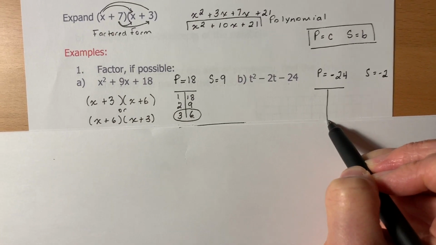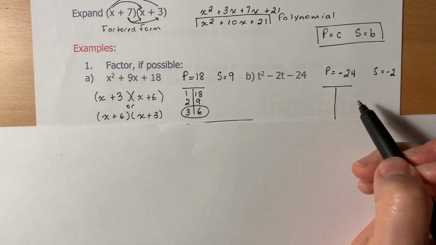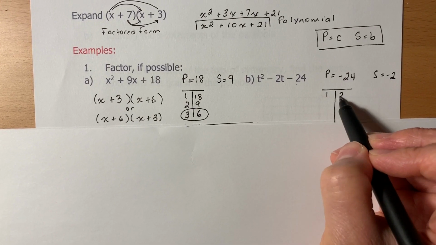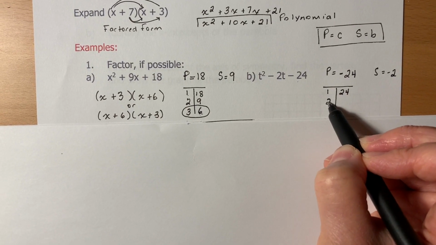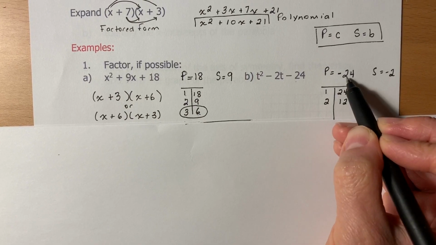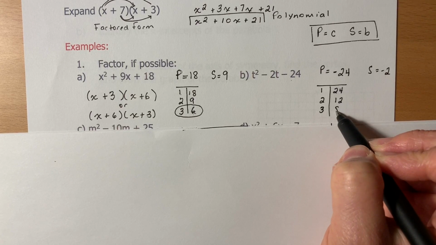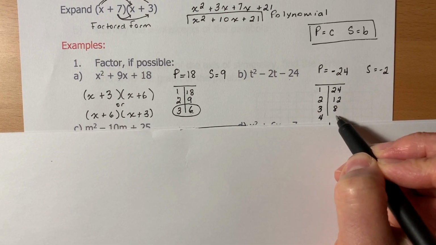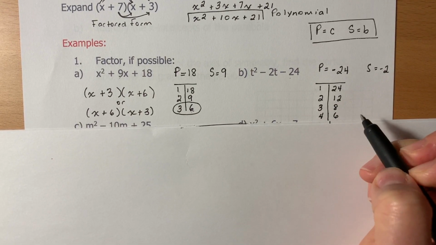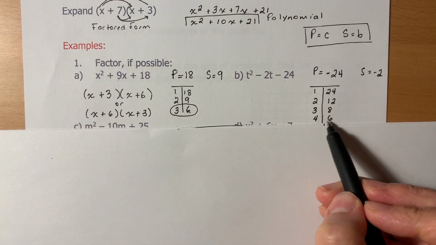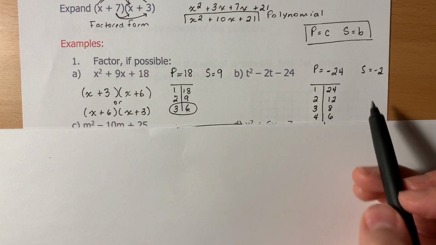You're going to do the same idea. Look for the numbers that multiply to 24. So 1 and 24, 2 and 12. Does 3 go into that? Yep. 3 and 8. Does 4 go into it? Yes. 4 and 6. Does 5? No. 6, yes. Now we're starting to repeat the numbers we've got.